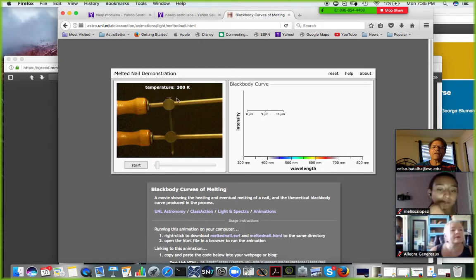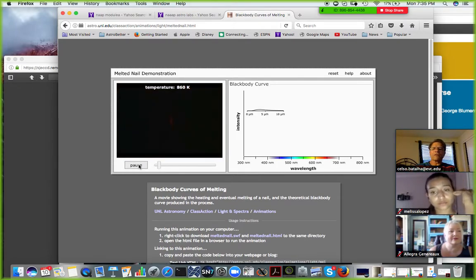And this is very well explained in this simulation here. Imagine you have a circuit where you increase the temperature. You have a circuit here with current, and the current goes through this nail, and the nail starts to heat up, and as the nail heats up, the color will change, eventually to the point that it will melt. So let's start the animation and then you see. Now here is the temperature and the color this black body is producing.